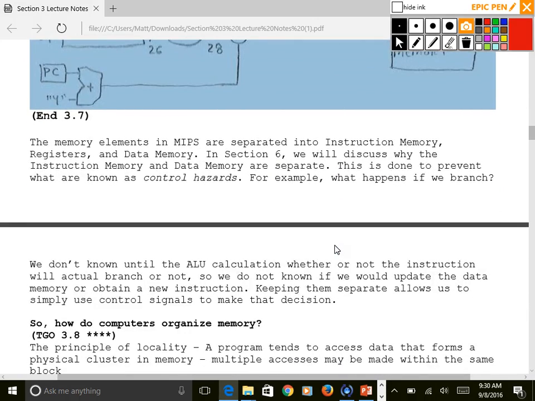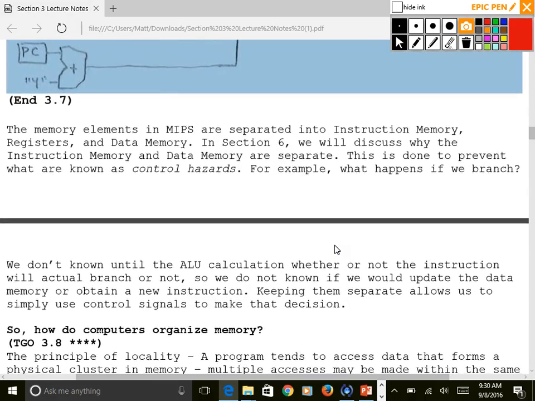They're separated into instruction memory, data memory, and registers. Registers are fast. Instruction memory is where we store all the instructions that we've received from the compiler-driven encoding. We are also going to have this data memory.